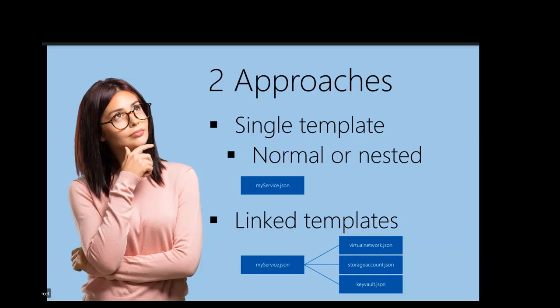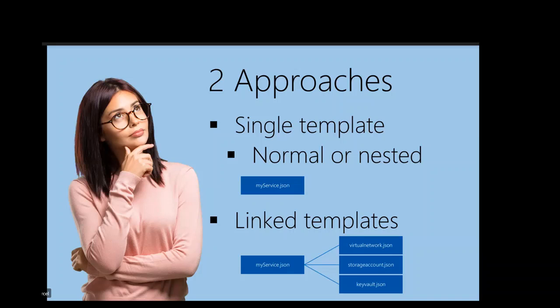And of course, you can parameterize this JSON file, but it will always deploy that same set of resources. So you're kind of locked in when you use a single file approach. If you want to be a little bit more flexible, you could go for the linked template approach. So that's the second example here. And this is where we somehow decompose our configuration file into multiple files.